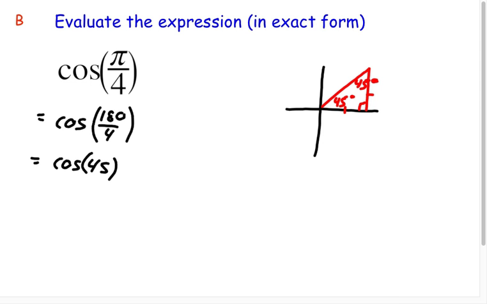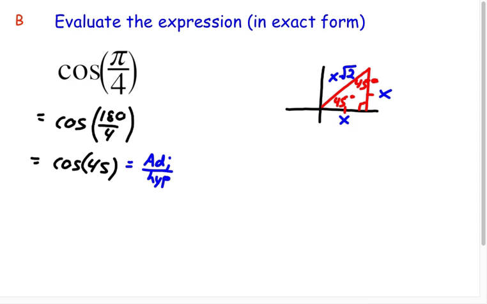The rules for a 45, 45, 90 look like this, where each leg is the same, since it's isosceles. I call those x. The hypotenuse is x times the radical of 2. I go back over, and if I remember, cosine is adjacent over hypotenuse.